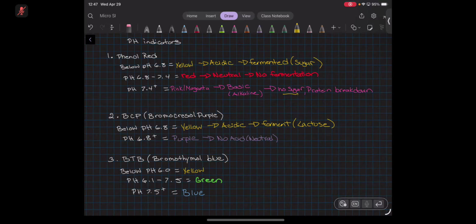If BCP does this, what does phenol red do? I'm confused too. Yeah, so what's the other one? Simple sugars are up here. The glucose and the fructose.